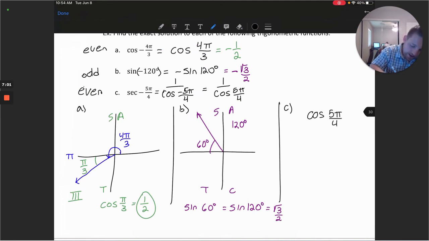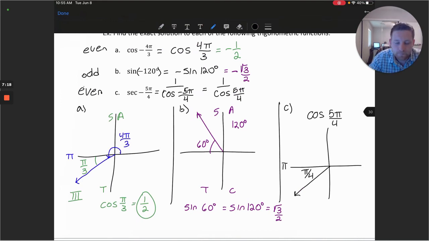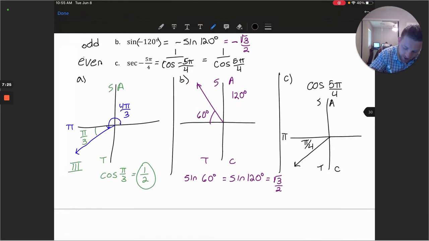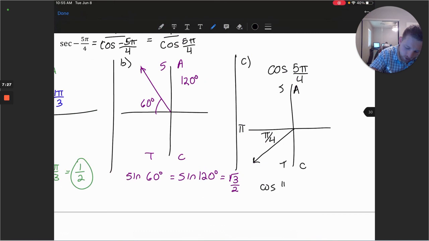So we'll draw that angle 5 pi over 4. That's a little bit over pi units again. And this reference angle will happen to be pi fourths. So if we first consider that reference angle, the cosine of just pi over 4 is equal to the square root of 2 over 2.